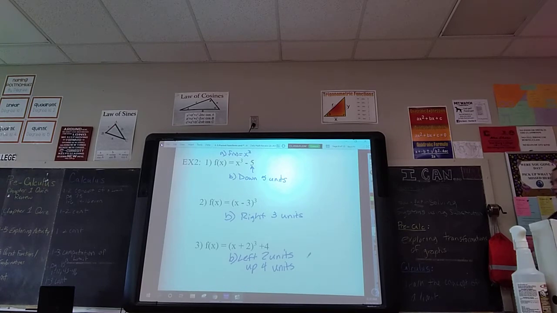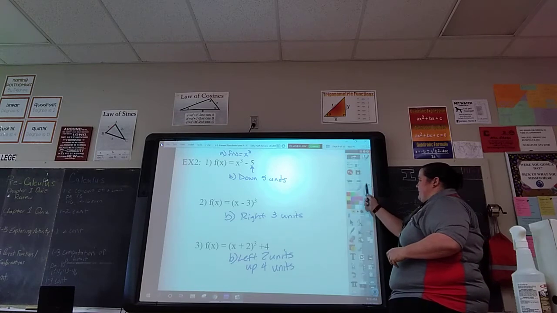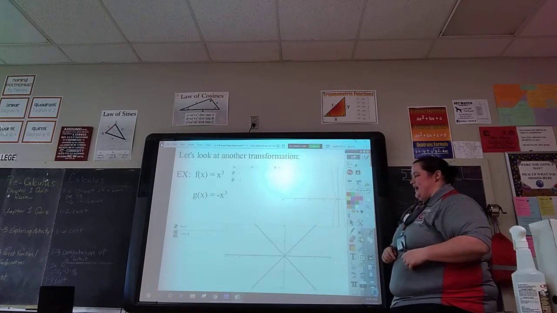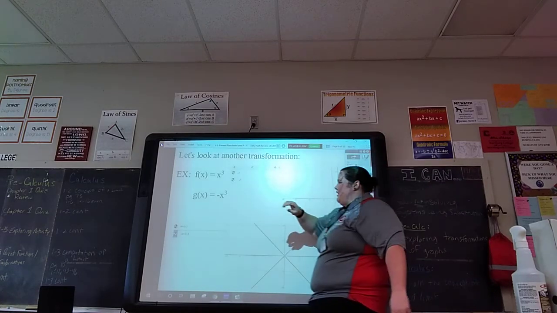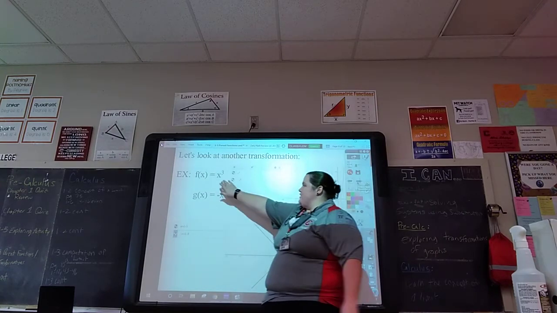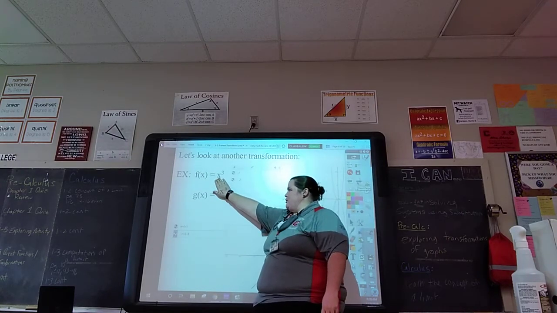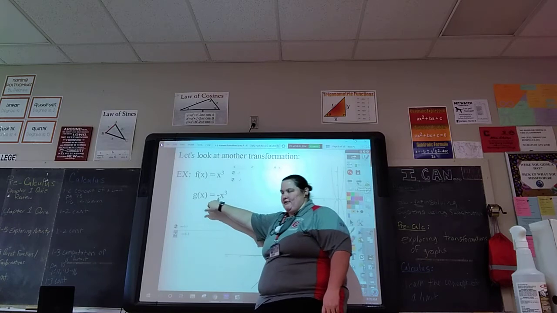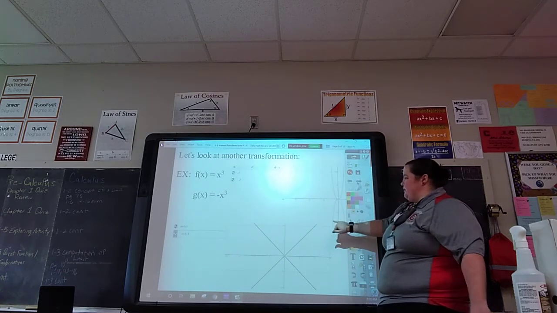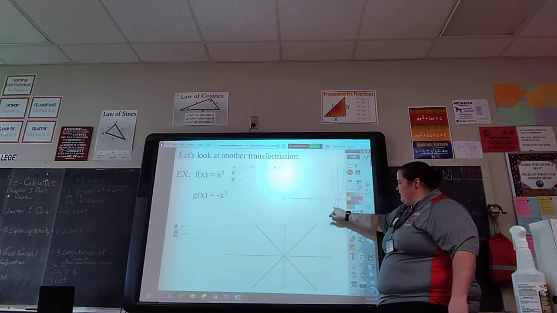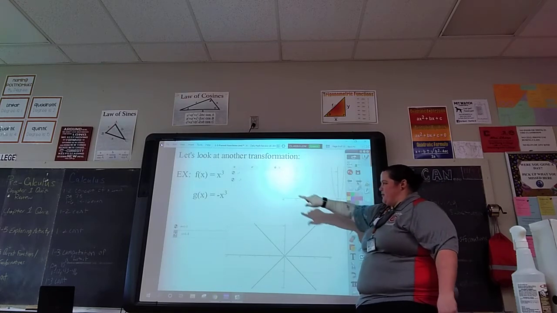One of those things I wanted you to see is what happens if we put a negative in front of the function. I actually get a second one here. So here the parent function was x cubed, and all I did was make it negative. So if we compare the lines, the original one is my green line. That's why I snipped that, so I could remember which color was what.